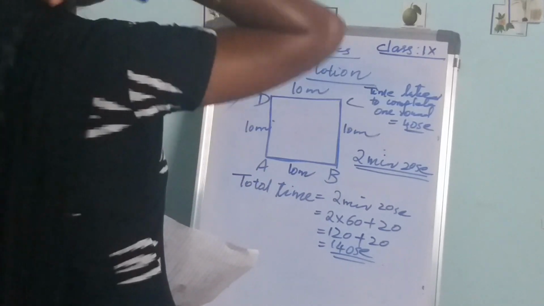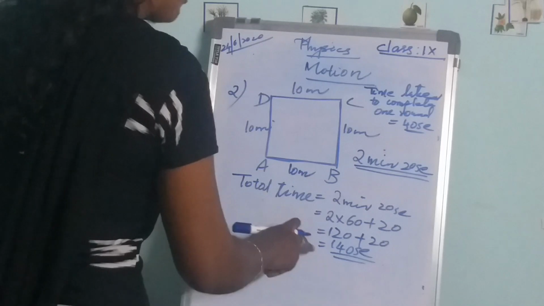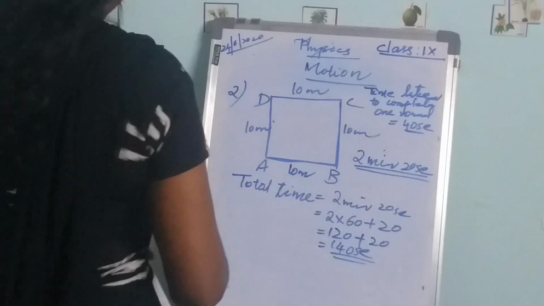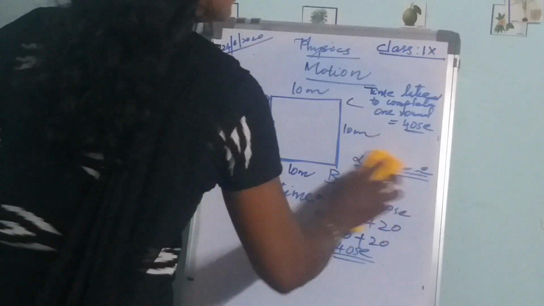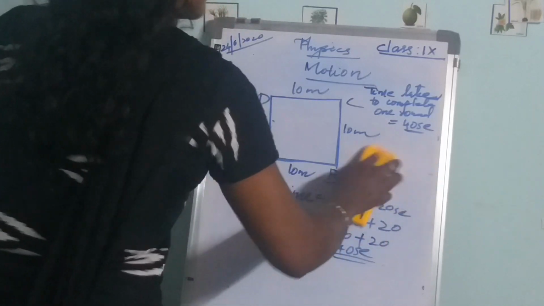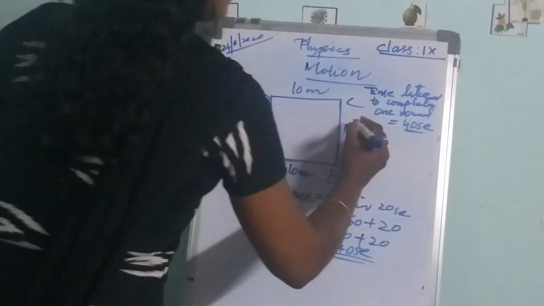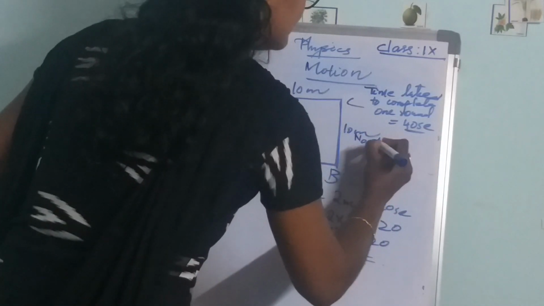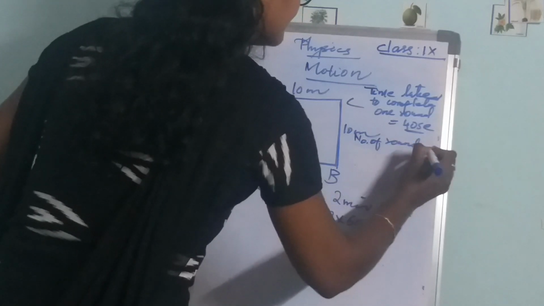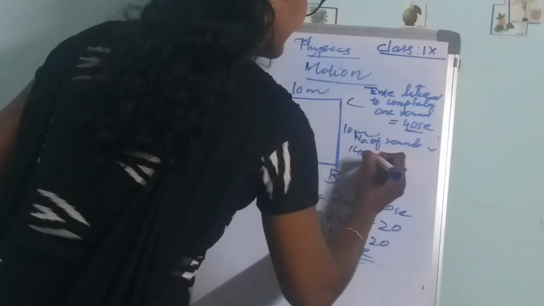Then next we have to find the number of rounds completed in 140 seconds. How can we calculate the number of rounds in 140 seconds?